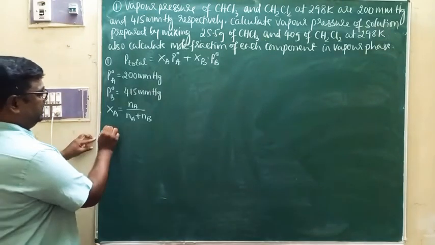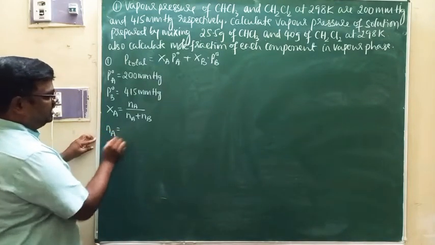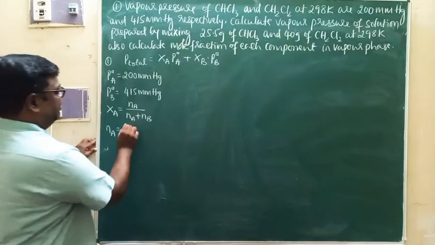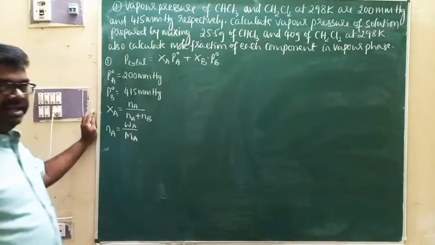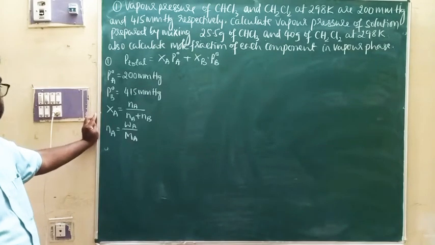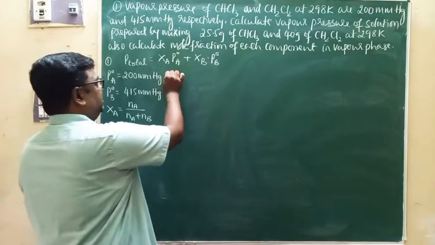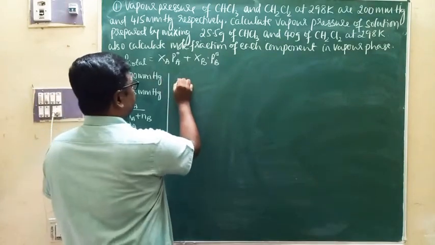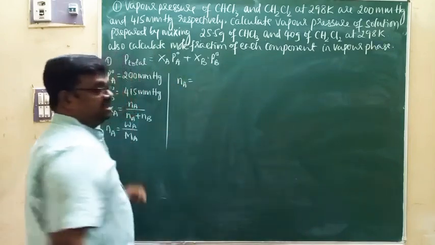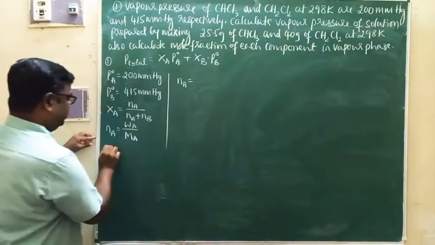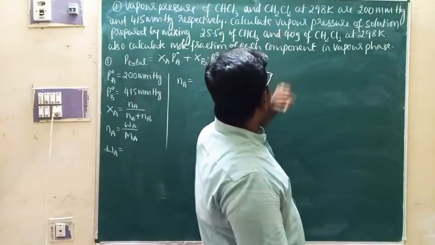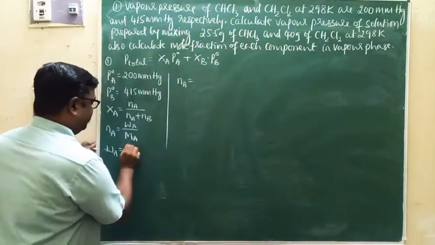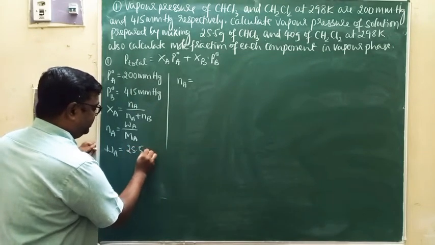As far as Na is concerned, that is mass of A divided by molecular mass of A. Na is equal to mass of A divided by molecular mass of A. Mass of A, that is Wa, is the mass of chloroform, which is 25.5 grams.